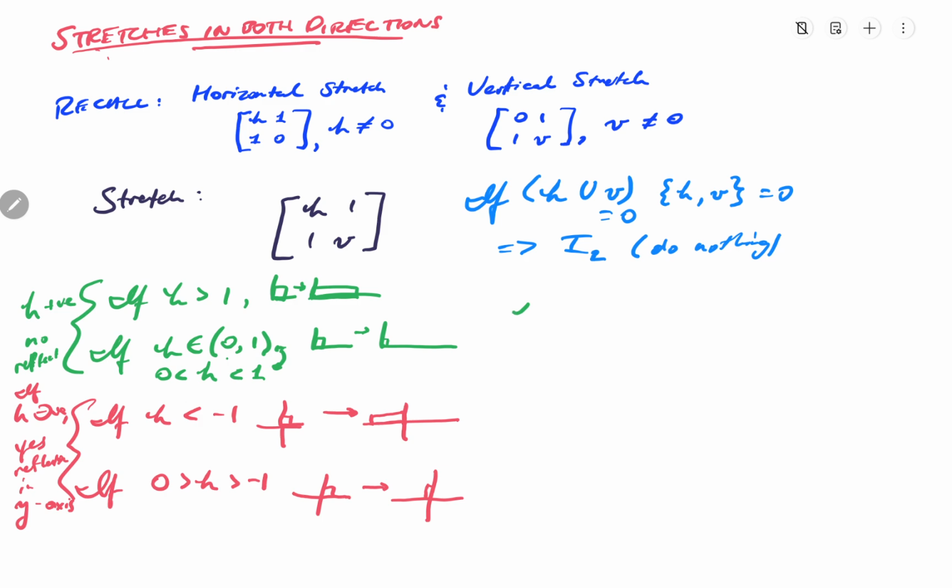So if v is greater than 1, then your square will turn into a taller square.